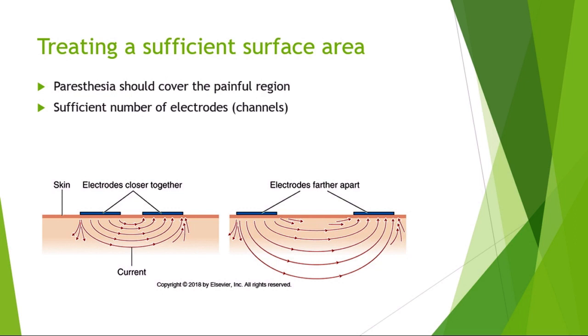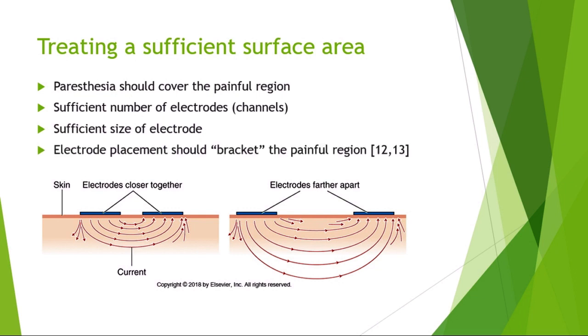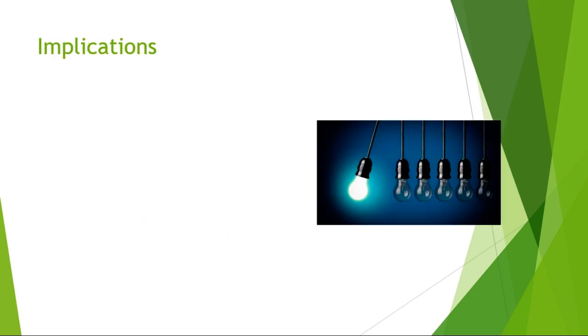So if you have one channel, it's 2 electrodes. If you want to do a quadrupolar setup, you need to have 2 channels for 4 electrodes. You want to have a sufficient size of electrodes, so larger area, bigger electrodes, smaller area, smaller electrodes. A lot of this seems like common sense, but we have to lay it all out there. The electrode placement should bracket the painful region. So you want to surround that area that's painful.